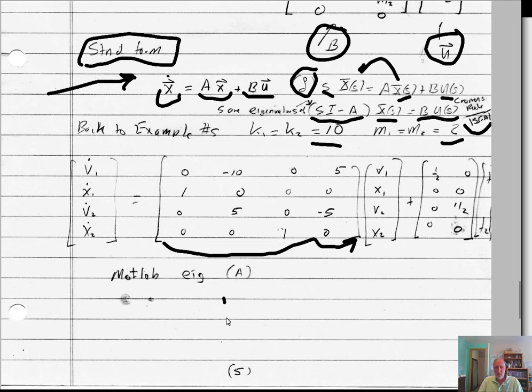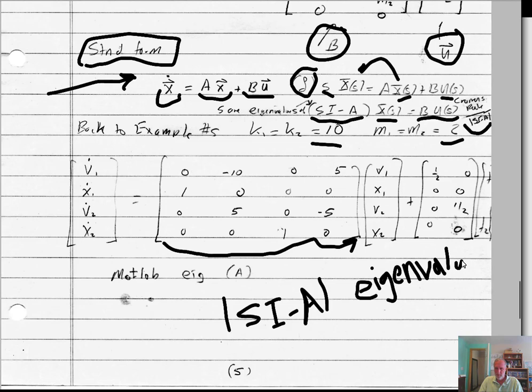And then what we want is the determinant of sI minus A, where I is the identity matrix, because that's what shows up in the denominator if we use Cramer's rule to solve this. But notice that this is the eigenvalue, the math definition of eigenvalues of the A matrix.